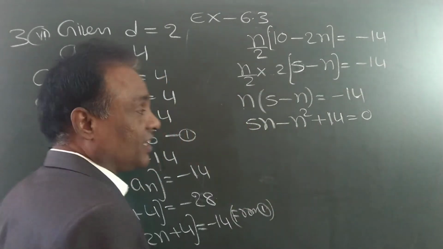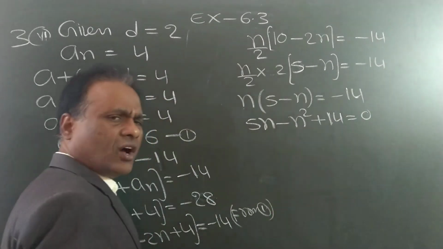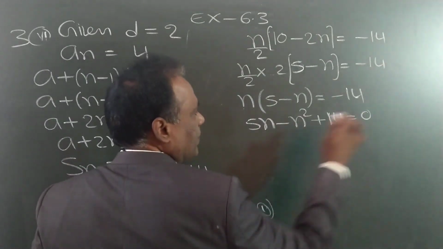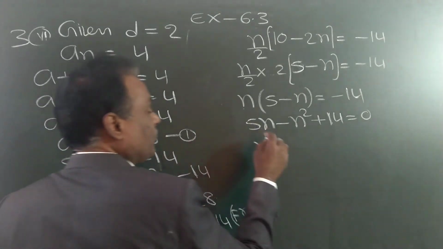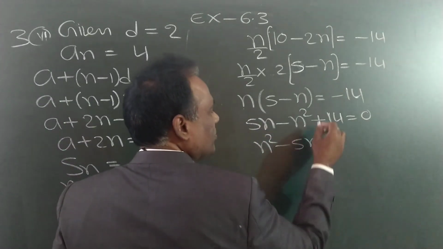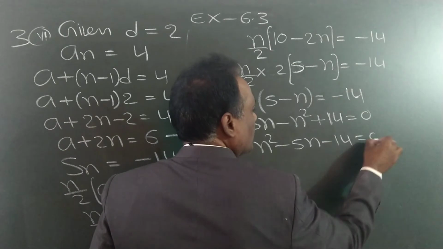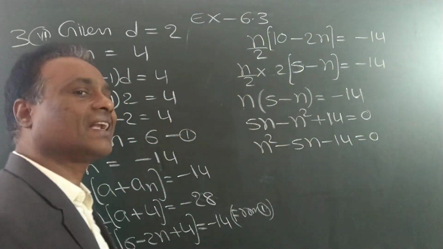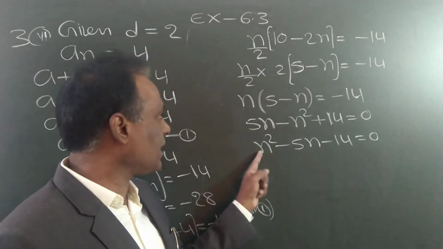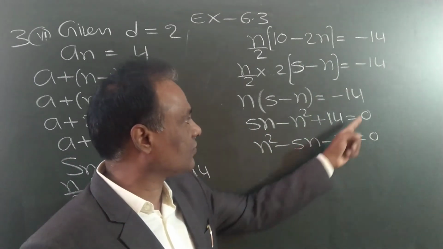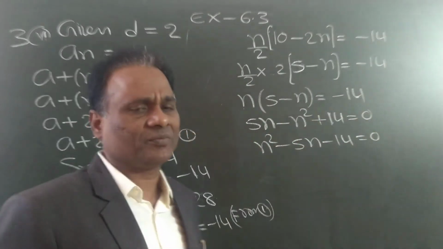In an equation we can do any operation on both sides. If you multiply with minus, minus n square will become plus n square, plus 5n becomes minus 5n, and plus 14 becomes minus 14. 0 into minus is 0 only.